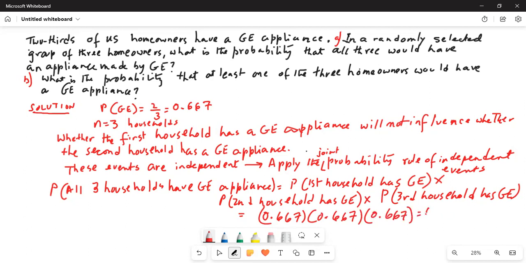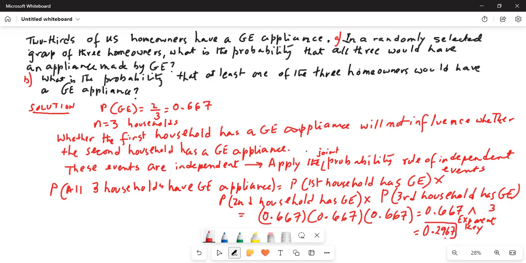So which is 0.667, use the exponent key, 3, in my calculator. So this is equal to 0.667 exponent key 3, and that is equal to 0.2967.